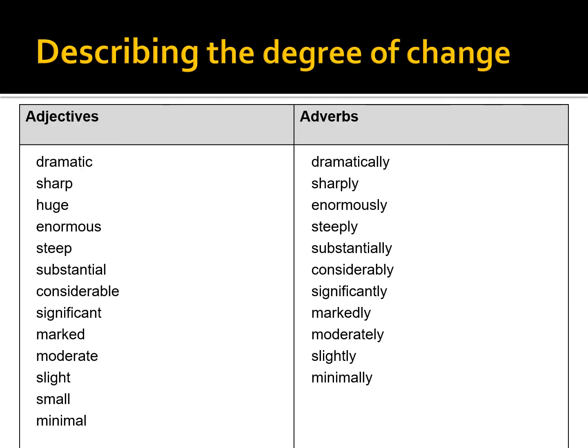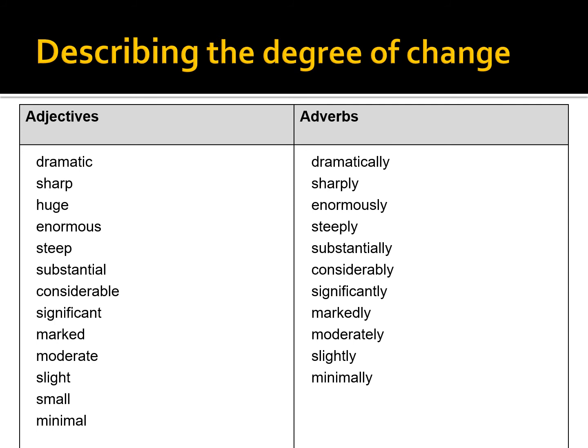Now, how can we describe the change in degree? So there are two ways to describe the degree of change. One way is adjectives and another one is using adverbs. Let's see the first one. Dramatic.